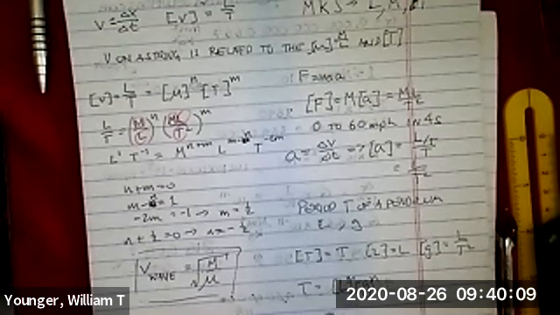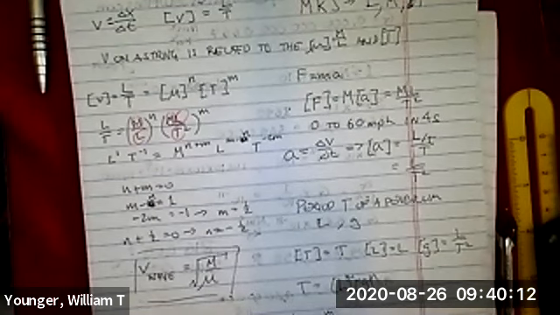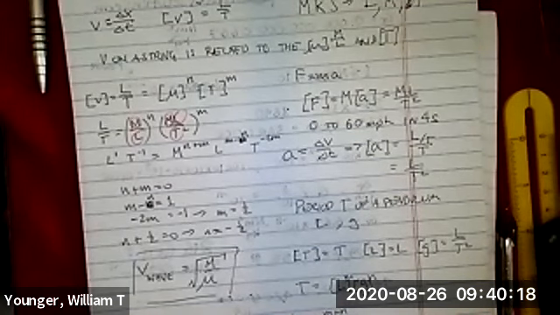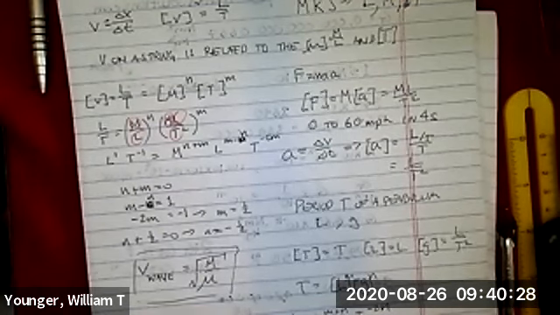Now the L is also raised to the n power, so it'd be m plus n. And the T to the -2 is raised to the n power, so that's T to the -2n. That's basically the only thing we have.